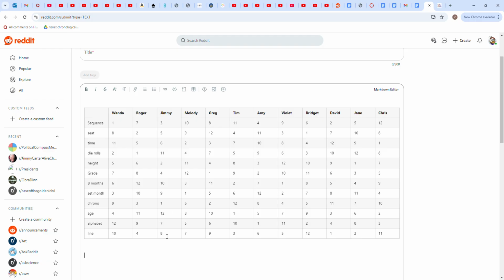What do we have to say about his place in the line? He would be 8th, but under our understanding of how the line works, we've gone through Roger and Violet and their descendants. So now we're looking at Jim. Jim doesn't have any legitimate children because Greg was born out of wedlock.